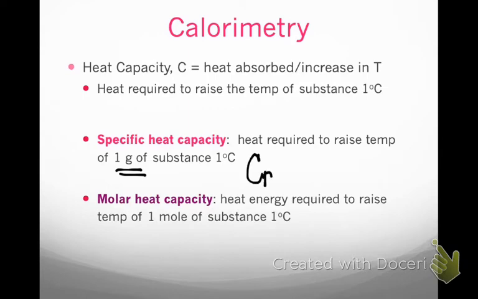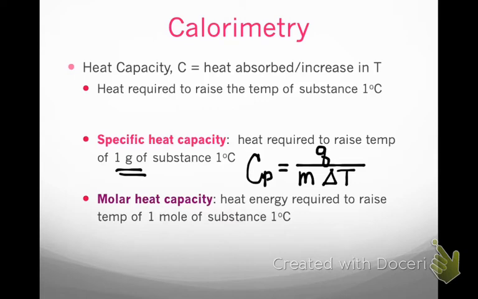Specific heat is C sub P, and we would need to know the heat, the mass, and the change in temperature to calculate the specific heat.